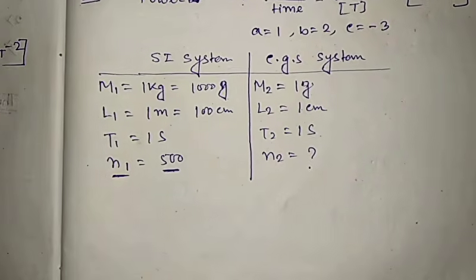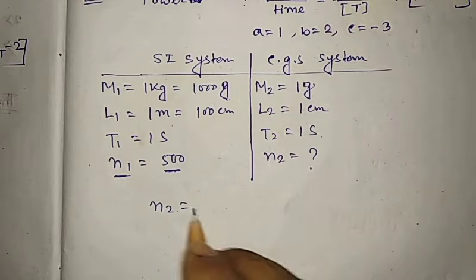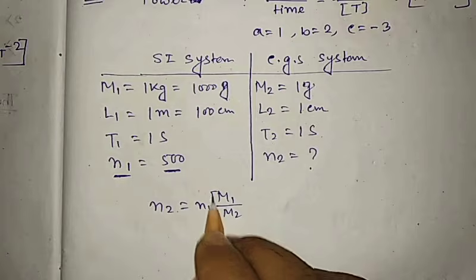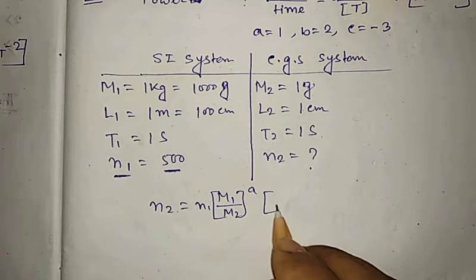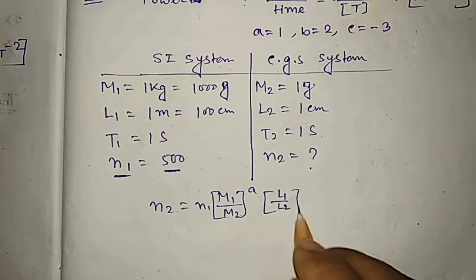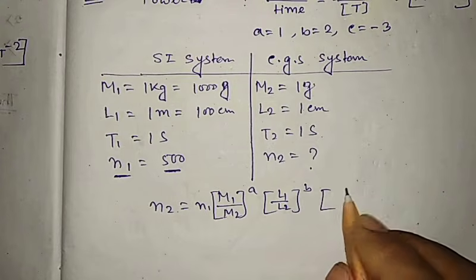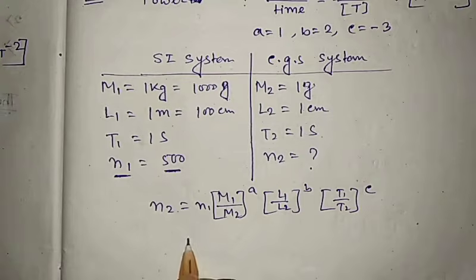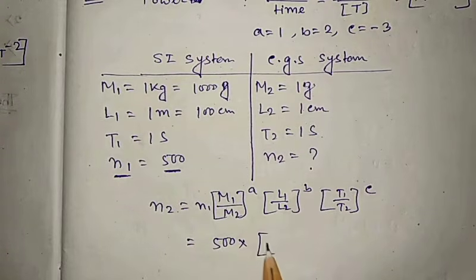So now formula is N2 is equals to N1 into M1 by M2 whole to the power A, L1 by L2 whole to the power B, and T1 by T2 whole to the power C. So it is equals to N1, that means 500, into M1, that means 10 to the power 3, okay, 1000 means 10 to the power 3 by 1 whole to the power A means 1.